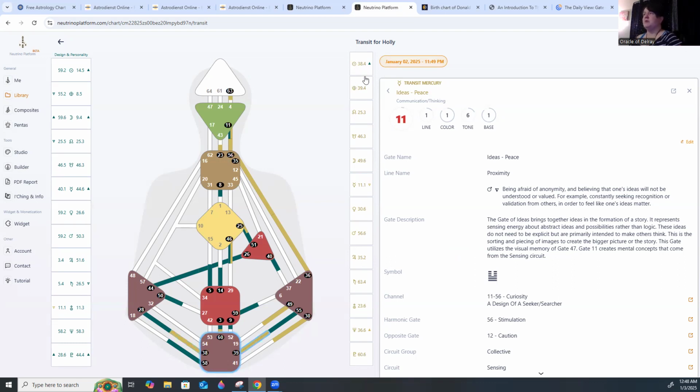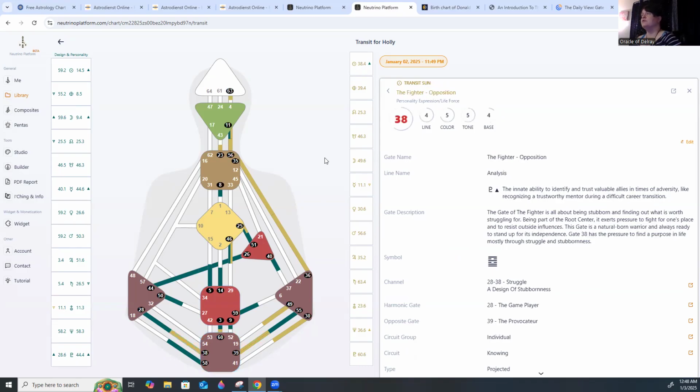And so exaltations and detriments that are marked in the dark blue color come from my chart. So 38. Where are we at? Here we go. So I have gate 28 activated by my design Pluto, gate 28 here. And so it's connecting, forming a channel to gate 38 activated by the sun.